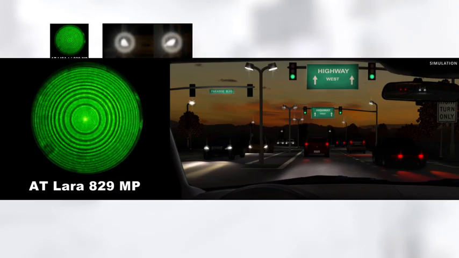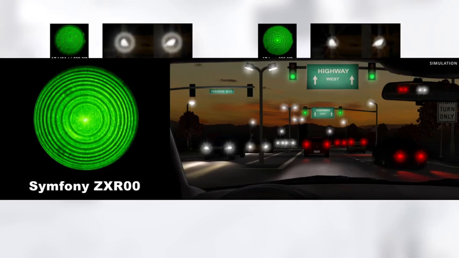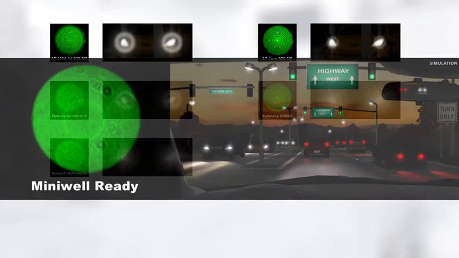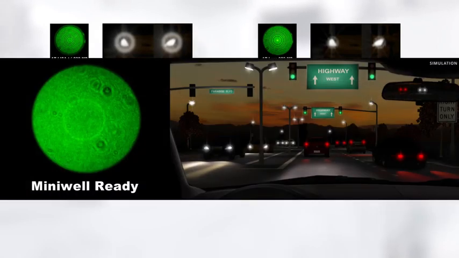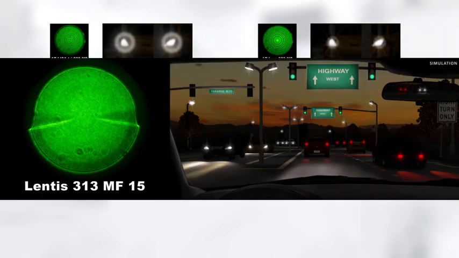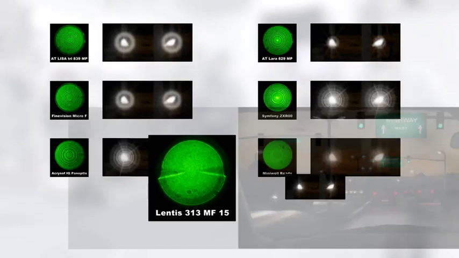The LARA as an EDOF lens showed similar performance like the RayOne, but smaller intensity. With the Symfony lens, we could see more a starburst type appearance. The Mini WELL showed lower intensity, but small amounts of halos, similar to the MF15, the Comfort bifocal lens.